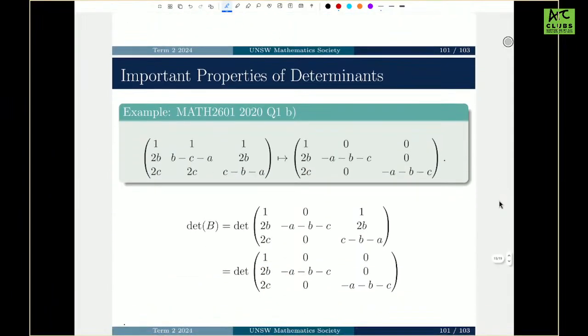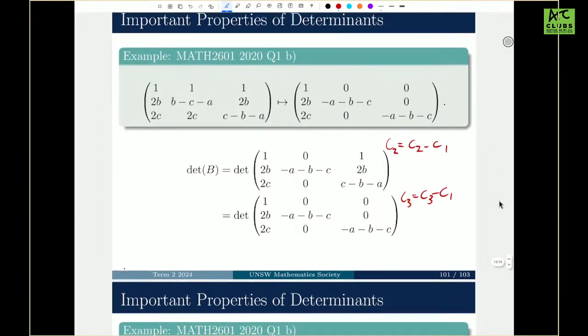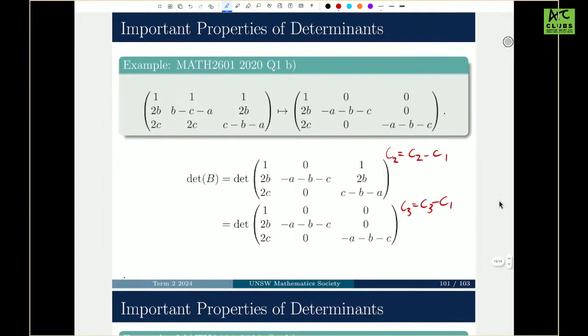And I'll annotate this: this here is C2 becomes C2 minus C1, and this here is C3 becomes C3 minus C1, and we end up with this determinant. We have it in the form that they want it in. So I feel like that's good enough reasoning as to why that's equal to that.